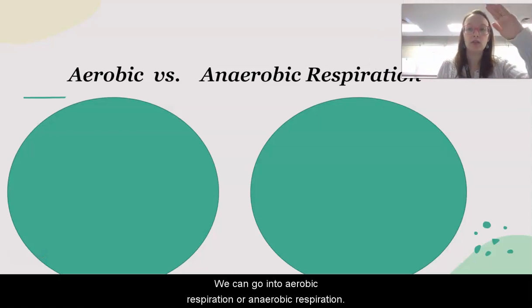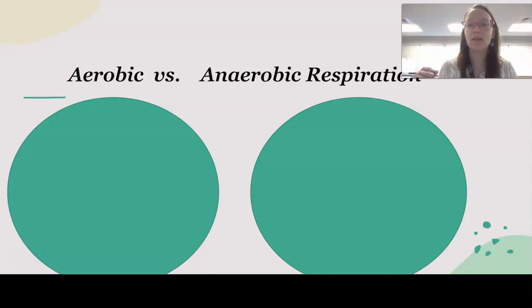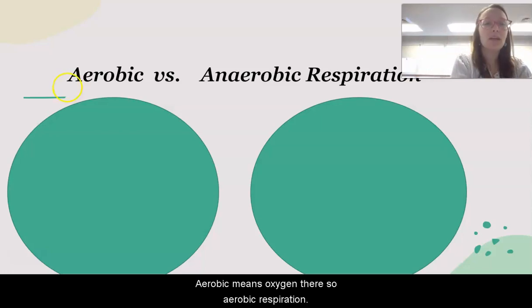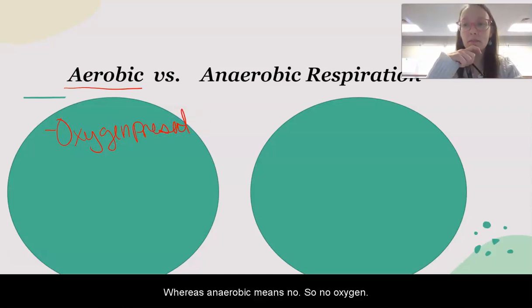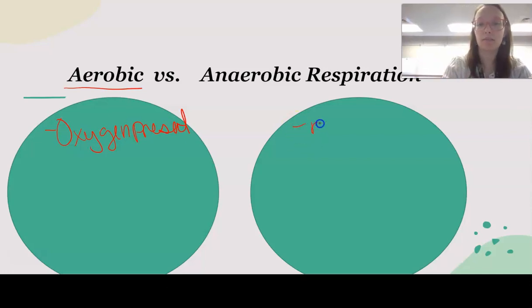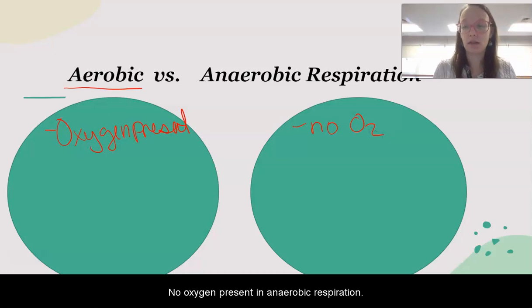We can go into aerobic respiration or anaerobic respiration. Aerobic, oxygen. It means oxygen's there. So aerobic respiration, oxygen is present. Whereas anaerobic means no oxygen. So there's no oxygen present in anaerobic respiration.